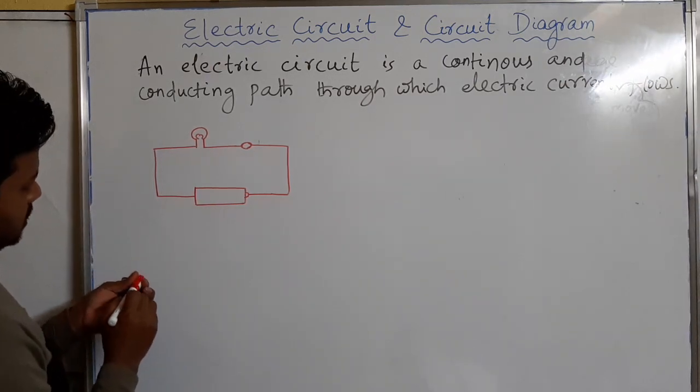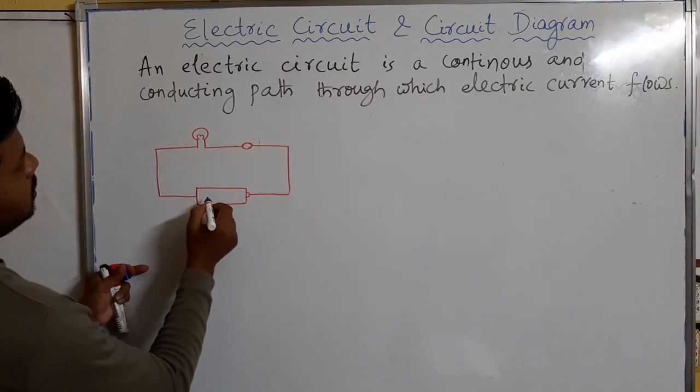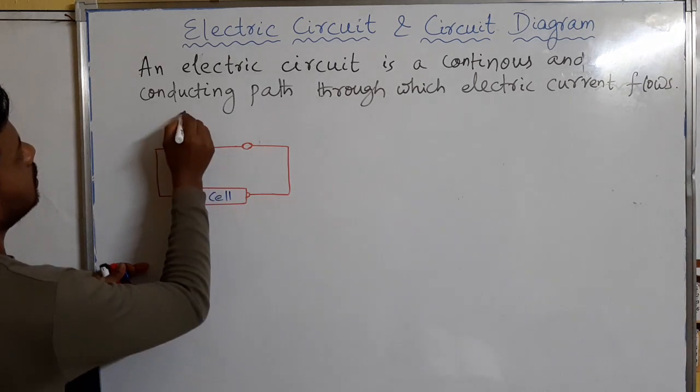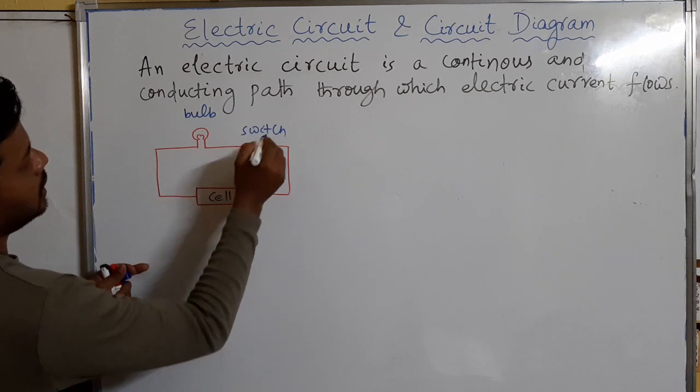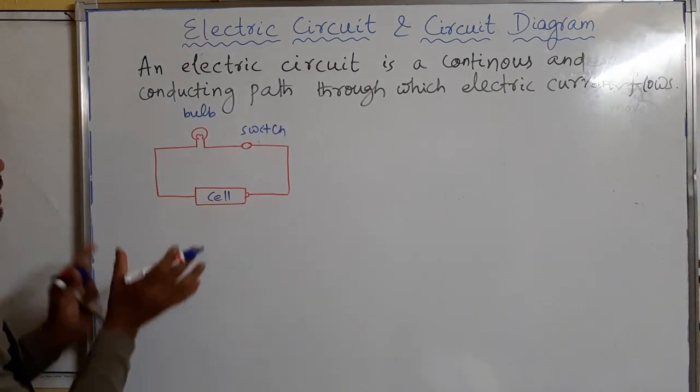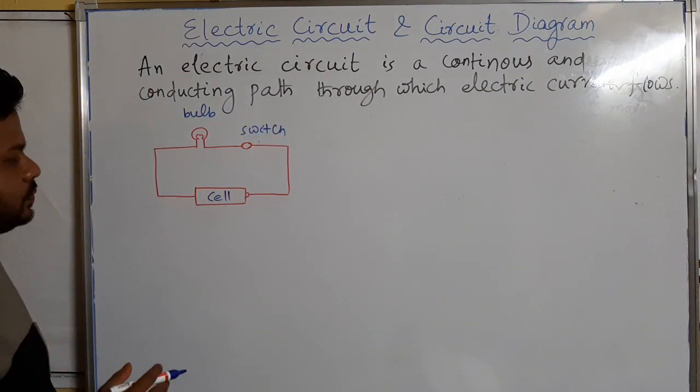So this is cell, this is bulb and this is switch. So this can be called a simple electric circuit.